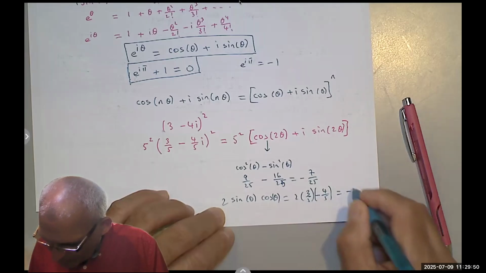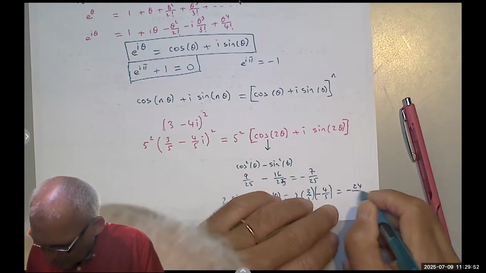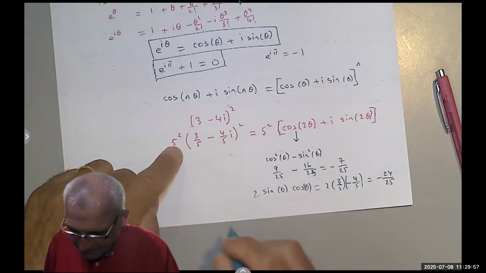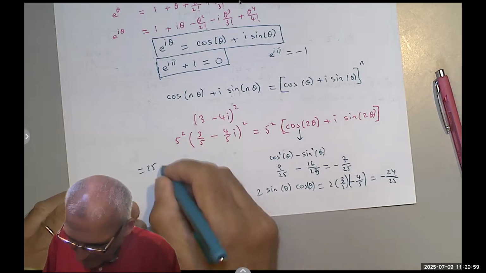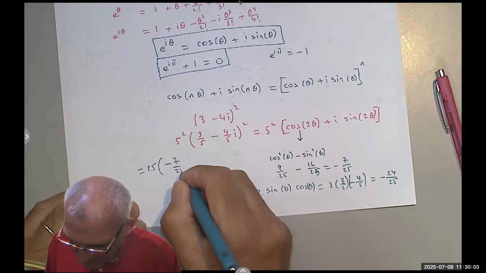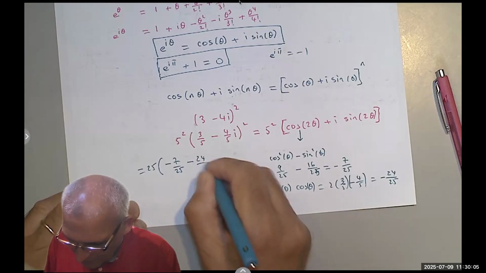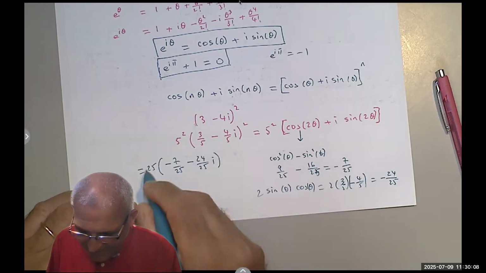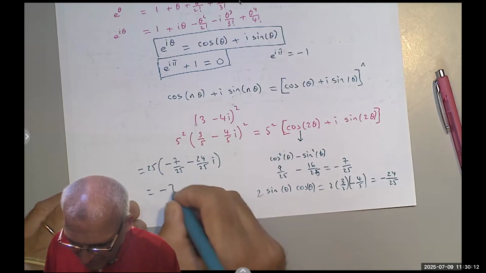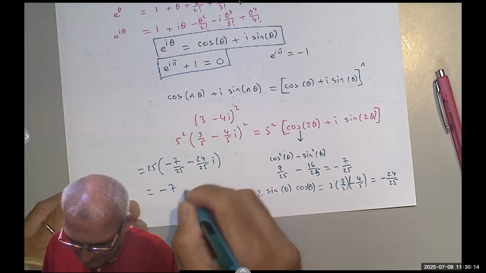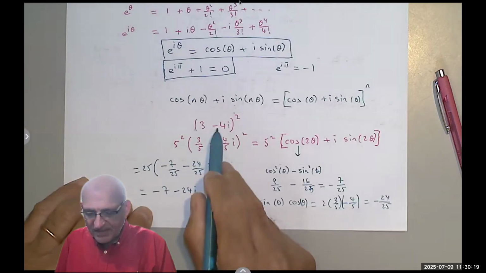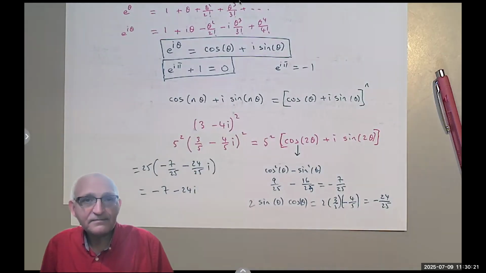So it's negative 24 over 25. So now the answer here would be 25 times negative 7 over 25 minus 24 over 25i. The 25 and the 25 cancel each other, and you get negative 7 minus 24i. So the square of this is that.